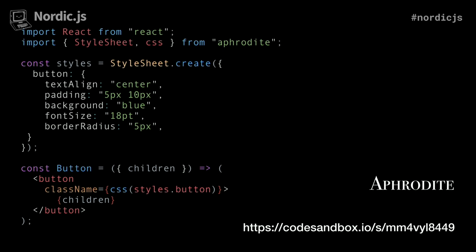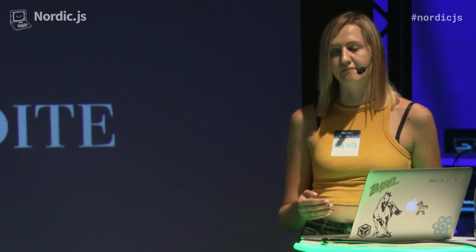But Aphrodite provides us a really fast and smooth way to create the whole style sheet and then just reuse the classes from there. That's one way. Another way is to just extend your style sheet by other classes just when you are creating your code.